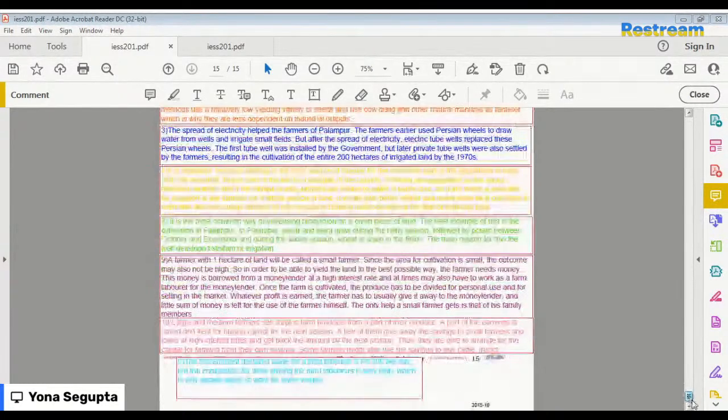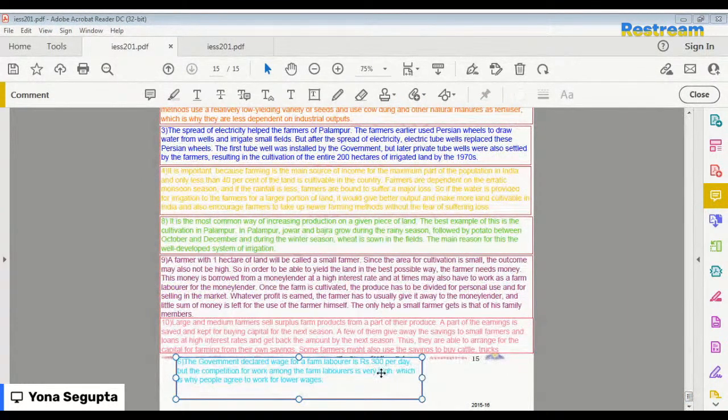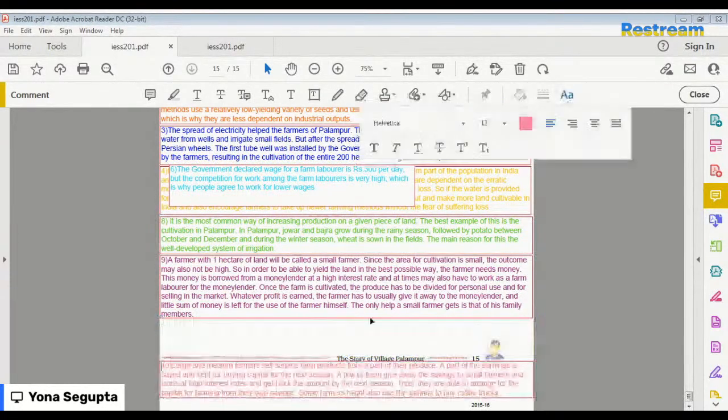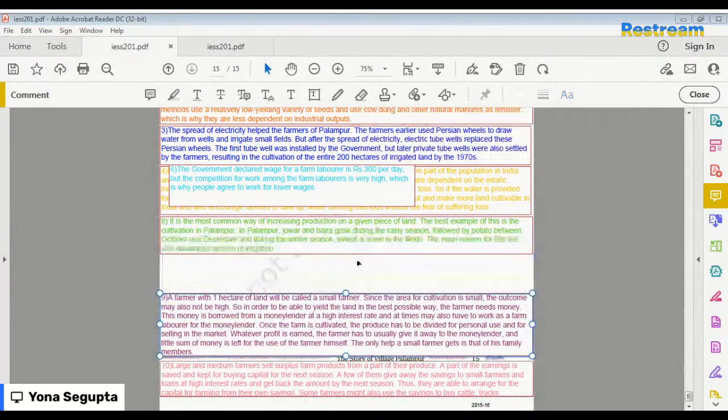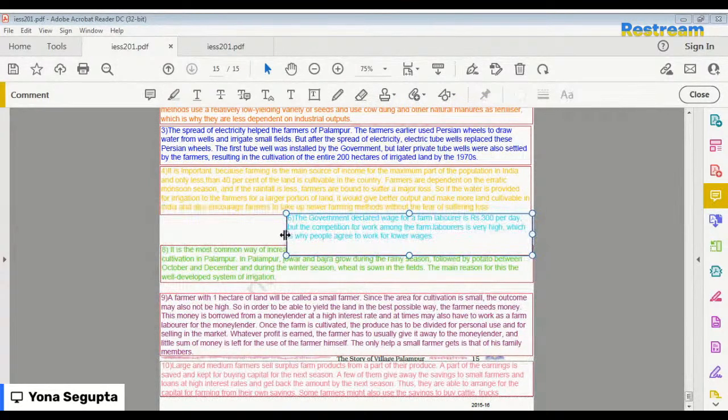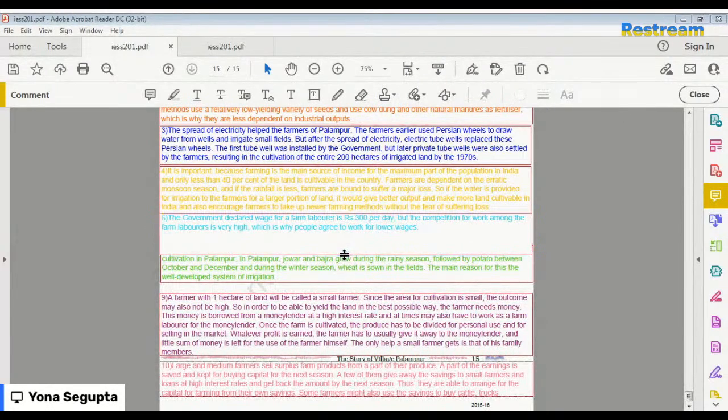Next, after number 5, there is number 6, this orange box. Then number 8, you can see.